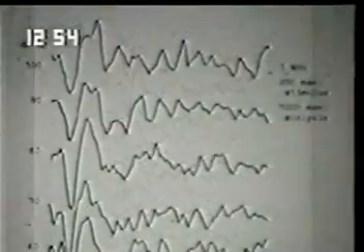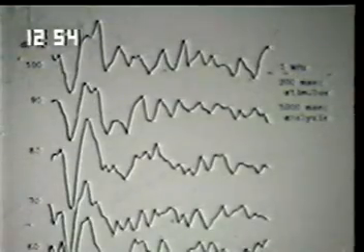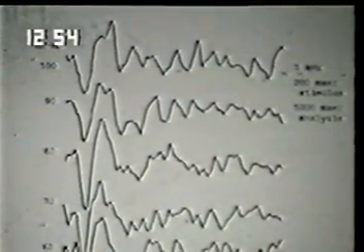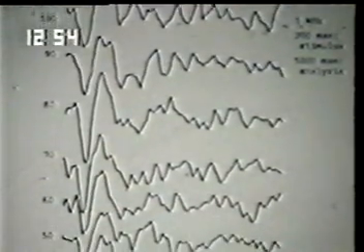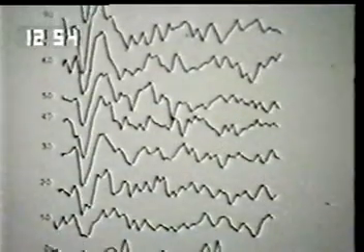And this slow cortical potential, which is as high as 15 microvolts, which is remarkable, is made of four potentials: P1, N1, P2, N2.